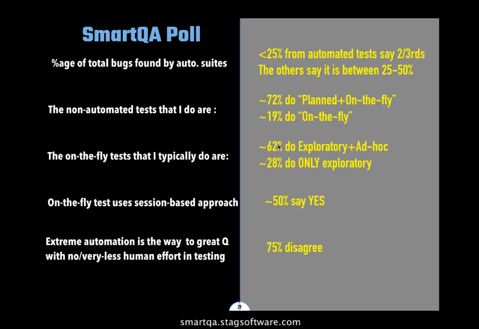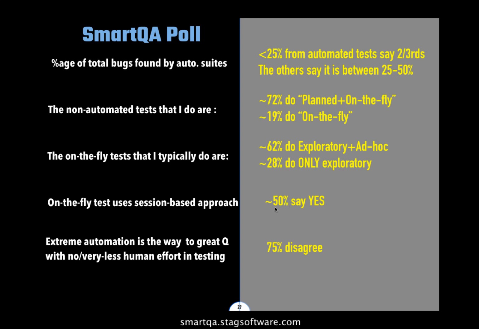Whereas about 62% said it's a mixture of both exploratory and ad hoc, based on luck. And we asked them further, do the on-the-fly tests use a session-based approach? And half of them said, yes, we do.